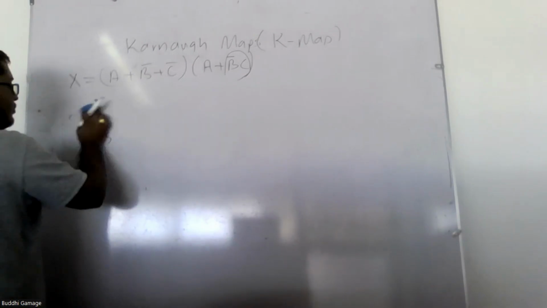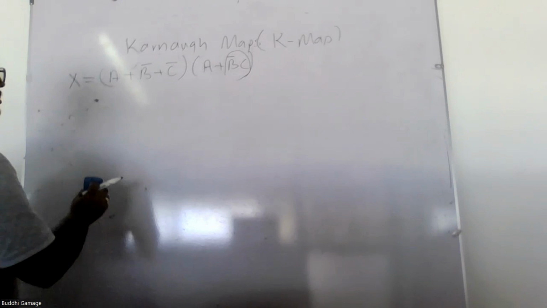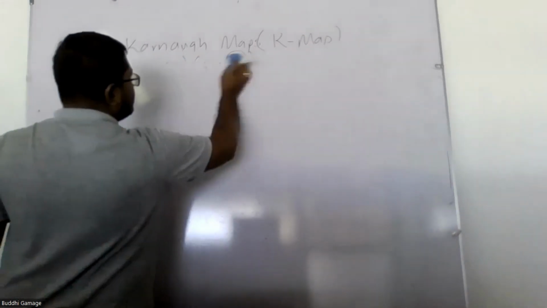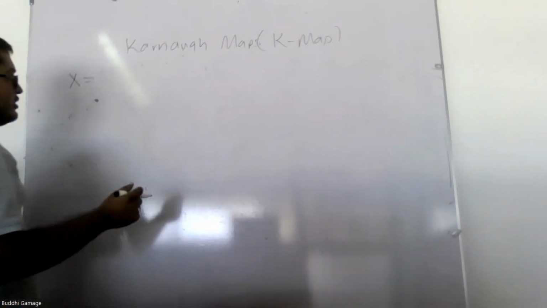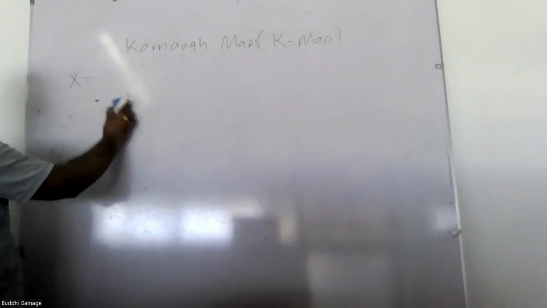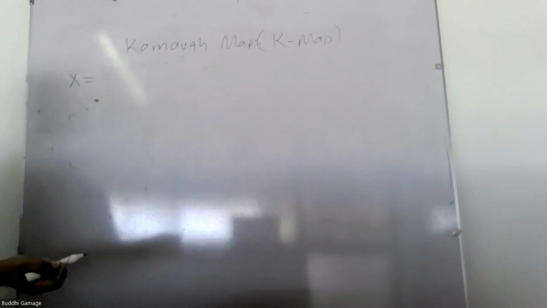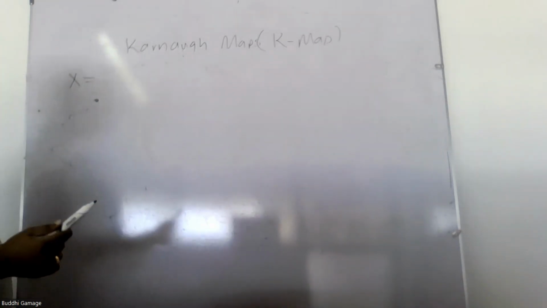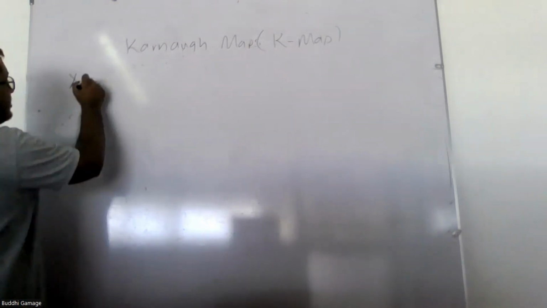Then it is going to be used for mapping. Otherwise, you need to derive the whole truth table. Then you can use the Karnaugh map for the simplification. In this particular problem, it will be a bit hard to use the Karnaugh map because there is no clear way to map this expression into the table. So I will give you another example.